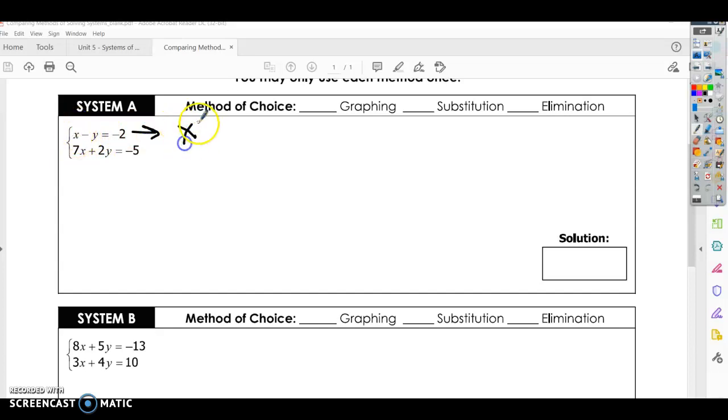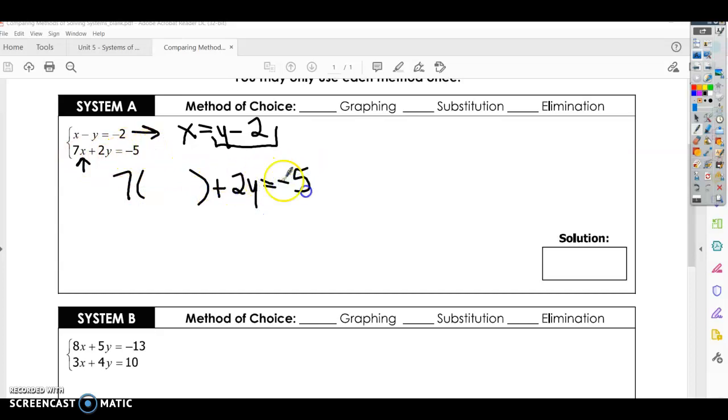So I'm going to say x equals, and I'm going to add y to the other side, so y minus 2. And then when x equals this, I can substitute it in for x here. All right, so I'm going to have 7 times my x plus 2y equals negative 5. And then I'm going to plug in y minus 2.